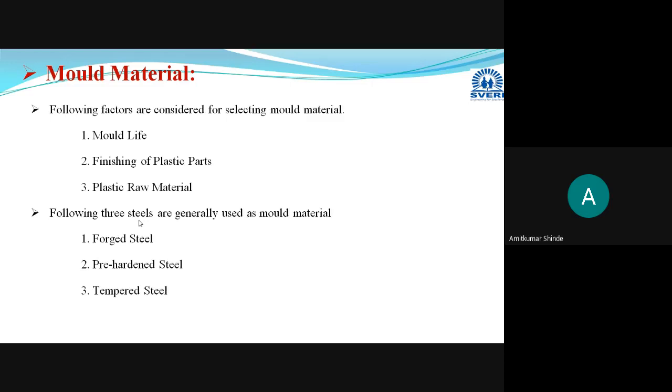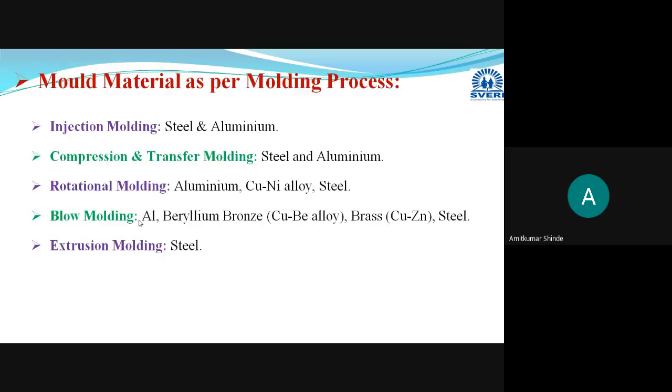Now we will discuss, process by process, which mold material is used. I have made one chart here. For injection molding, generally we use steel and aluminum. For compression and transfer molding, steel and aluminum are also used.